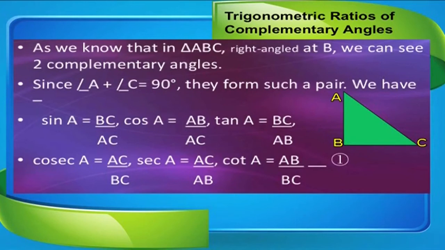So we have sine of angle A is equal to BC upon AC, cos A is equal to AB upon AC, tan A is equal to BC upon AB. Similarly, cosec A is equal to AC upon BC, sec A is equal to AC upon AB, and cot A is equal to AB upon BC.